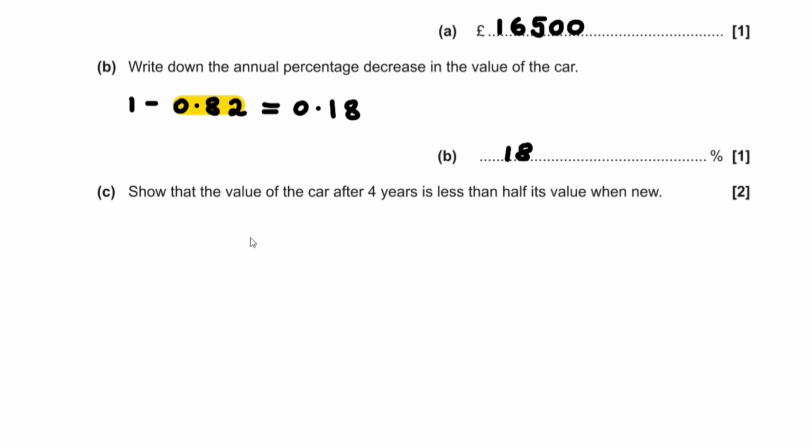Part C, show that the value of the car after 4 years is less than half of its value when new. So let's work out the value when new and half that. 16,500 divided by 2, that's equal to 8,250.